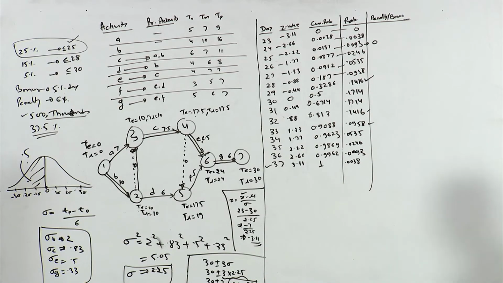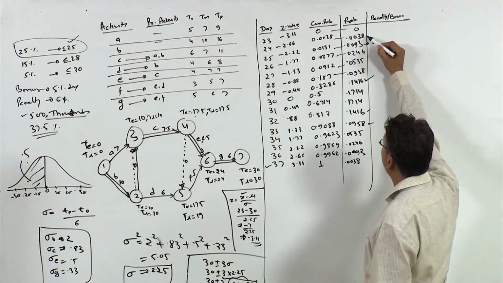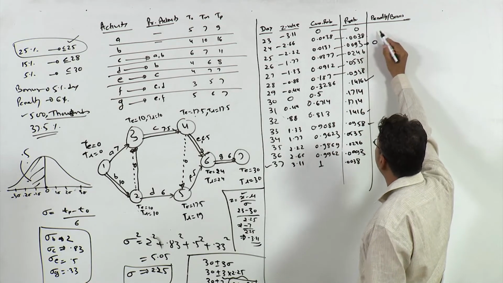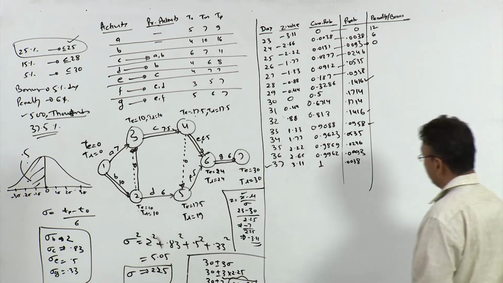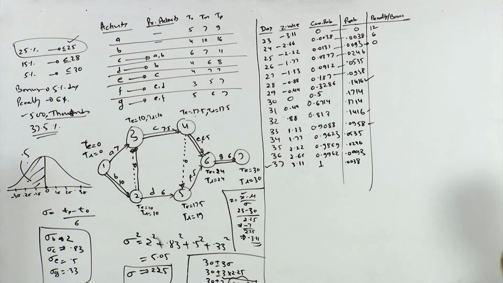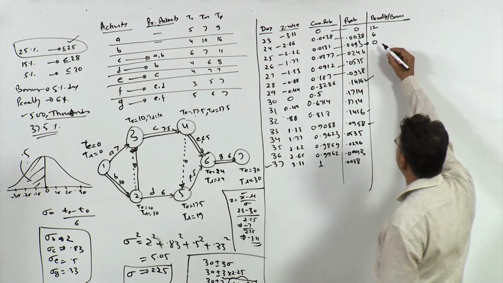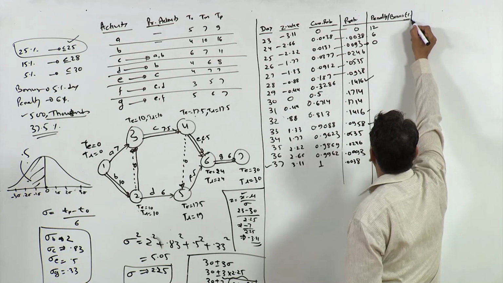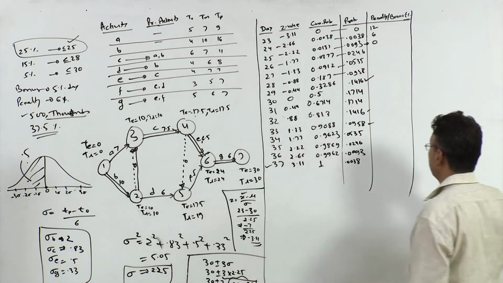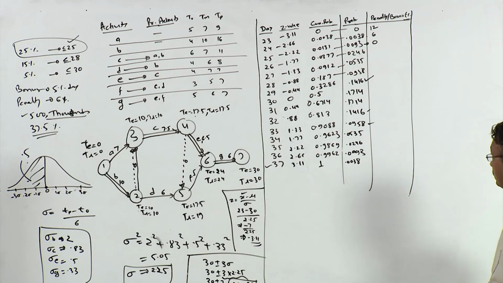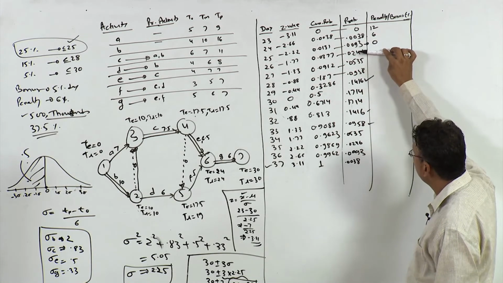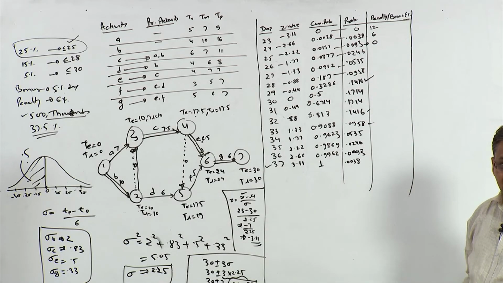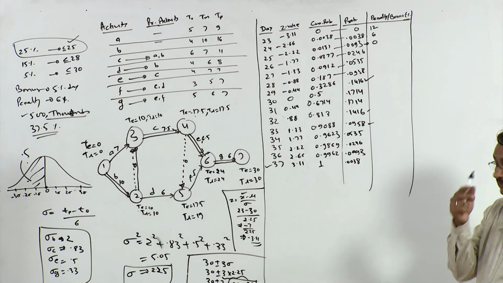But if we complete it on the 24th day, then there would be a bonus of 6%, and if we complete it on the 23rd day, there would be a bonus of 12%. So all these are in terms of percentage. If you don't complete it on the 25th day, then there would be a penalty, and the penalty is at the rate of 5% per day.